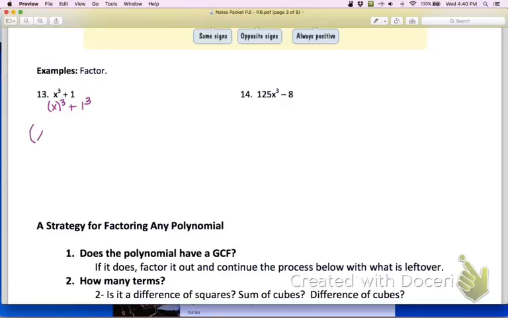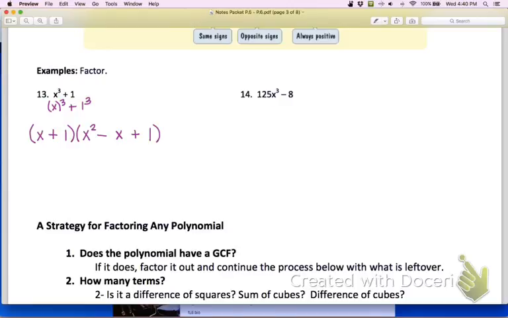So it goes like this, x and 1, and then I'm going to have x squared. 1 times x is just x, and you don't double this one, you just multiply them. And then 1 squared is 1. Same sign, opposite signs, always positive. Done. Those are our factors.